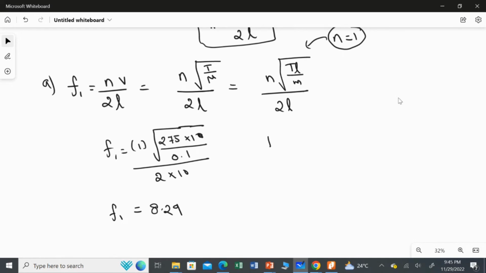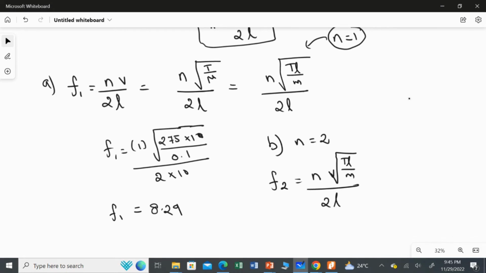For the second one, we have to substitute n equal to 2. So f2 is equal to n multiplied by v, where v is the square root of TL over m, over 2L.